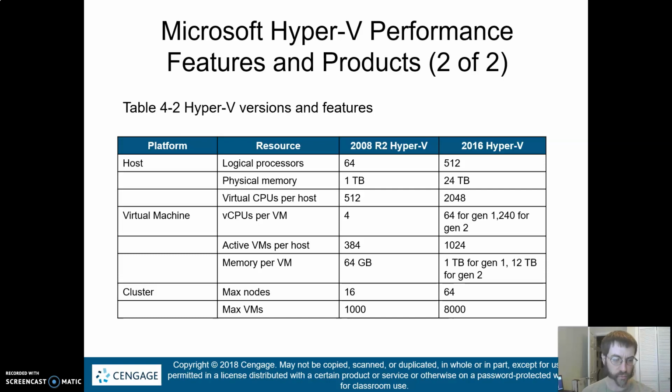16, 1240. The thing to note here, make sure you understand very clearly what these Gen 1 and Gen 2 VMs are. Because a Gen 1 VM is basically an old-fashioned VM; it can use either a 32-bit or a 64-bit OS. It uses the old BIOS; it simulates an old BIOS boot format or hardware management system.